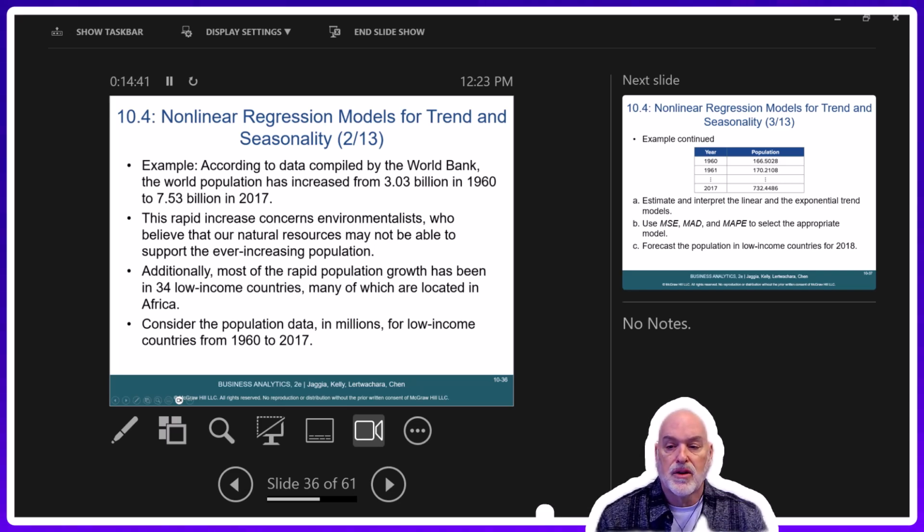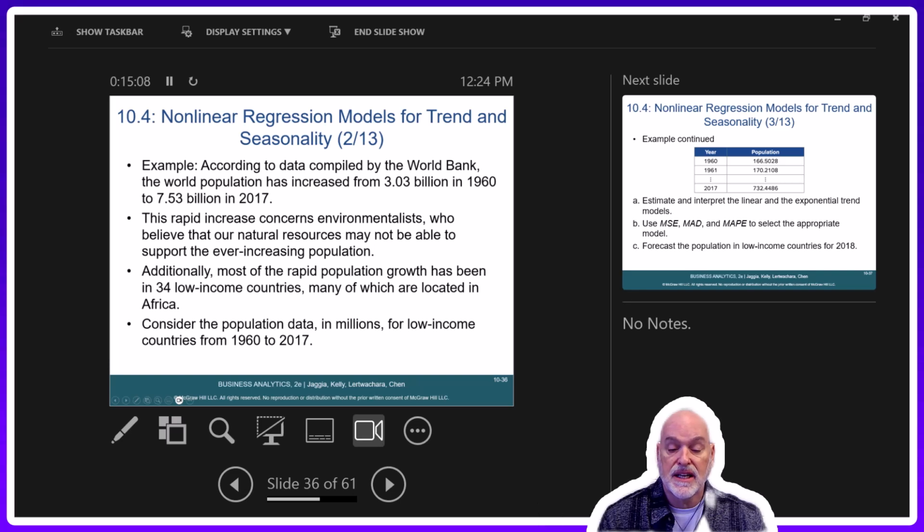According to data compiled by the World Bank, the world population has increased from 3.03 billion in 1960 to 7.53 billion in 2017. This rapid increase concerns environmentalists who believe that our natural resources may not be able to support the ever-increasing population. Additionally, most of the rapid population growth has been in 34 low-income countries, many of which are located in Africa.